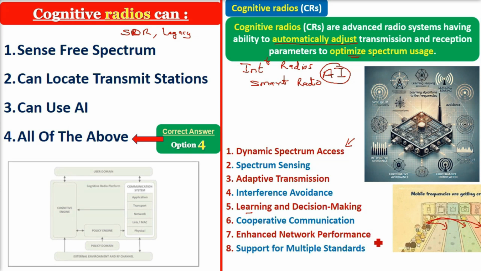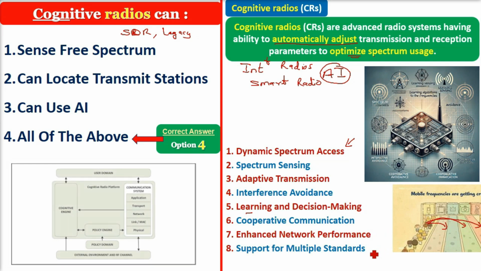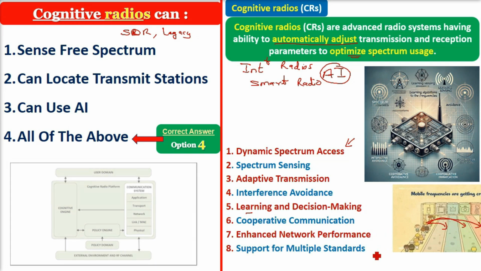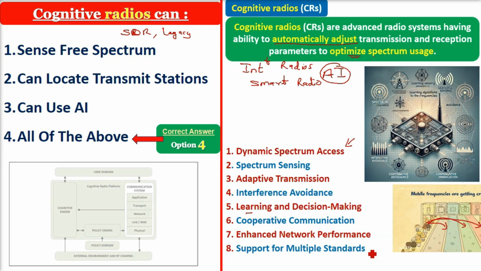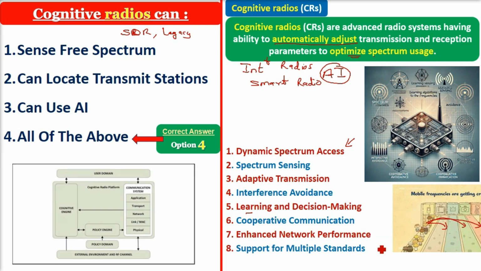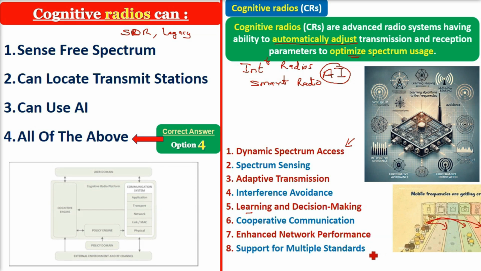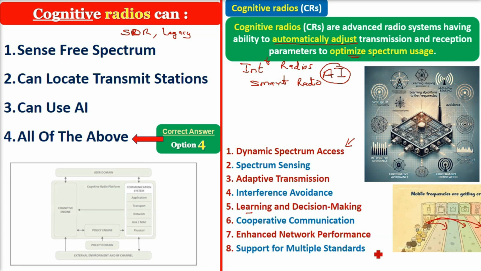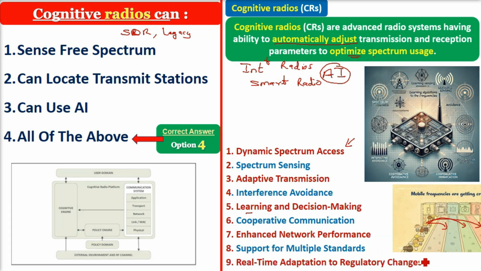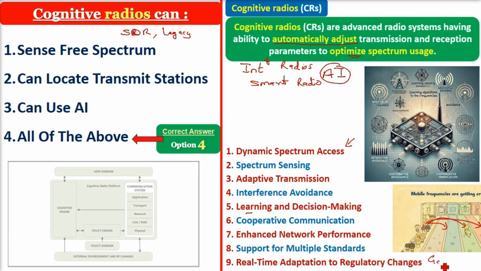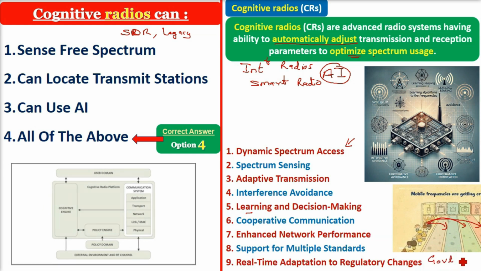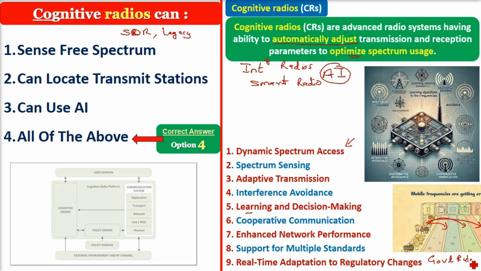And support for multiple standards is one of the tasks. Also, different standards and regulatory changes are coming up. So there is support for multiple standards along with real-time adaptation to regulatory changes, depending upon the government, depending upon the country. So these all can be done by the cognitive radios.